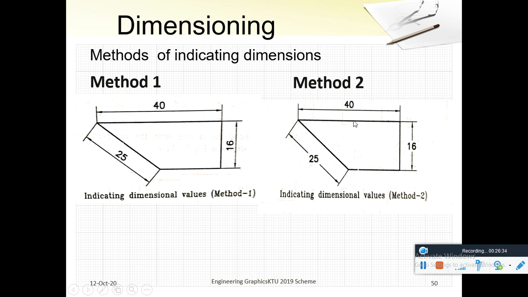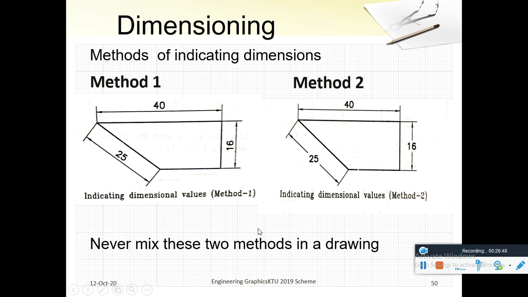But in method 2, all the dimensions are marked to be read from the bottom of the drawing only. And never mix these 2 methods in a drawing. That is the thumb rule of indicating dimensions.